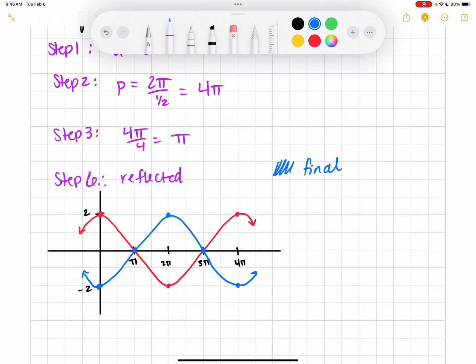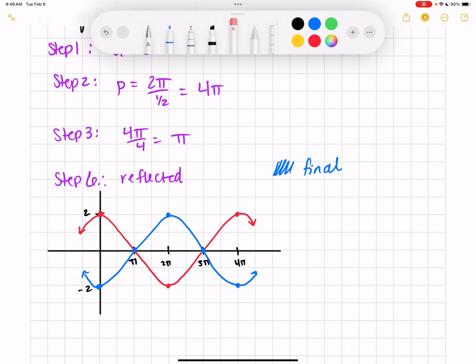So on a test or a quiz, if you're graphing and you want to use a second color to show the final shifted graph, sometimes what the book does is they'll do that red graph dotted and then their final is solid. So however you want to do it. Or if you get to the point where you feel like you can go straight to the final graph and not show all the other ones, that's also fine.